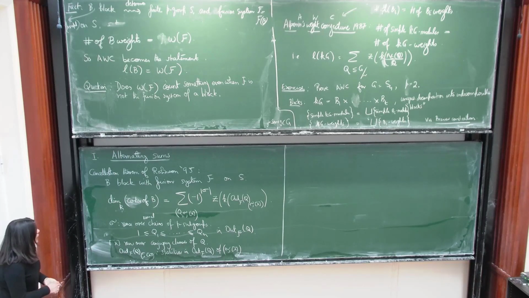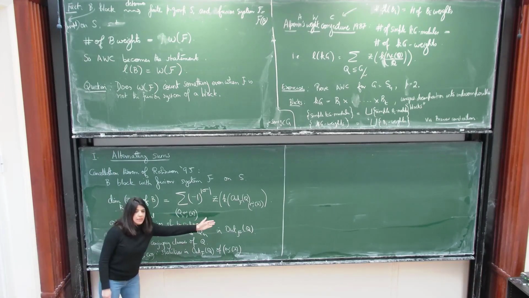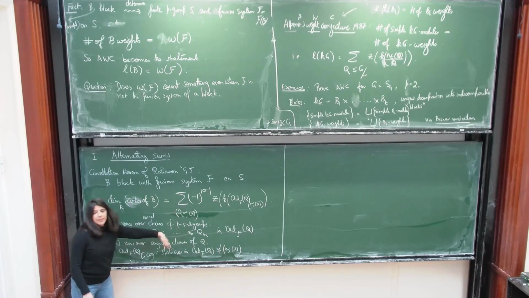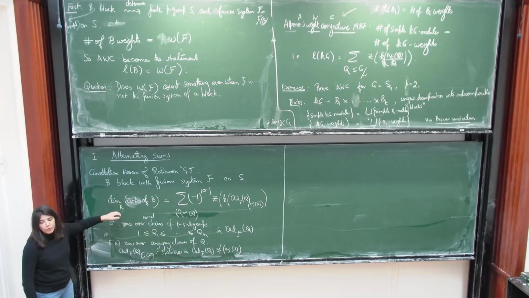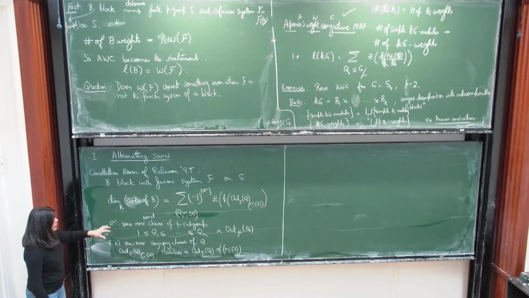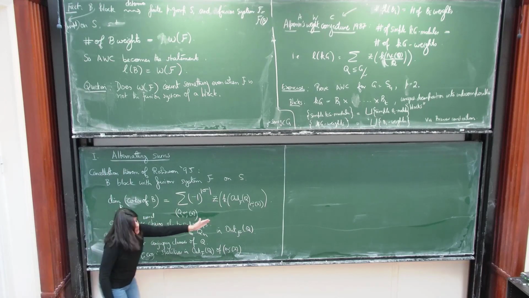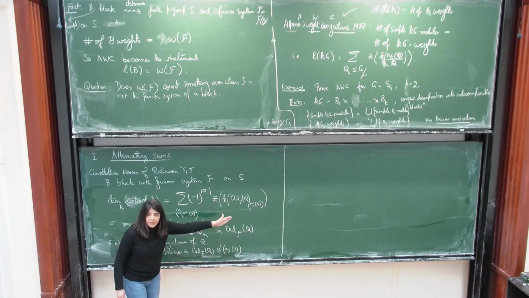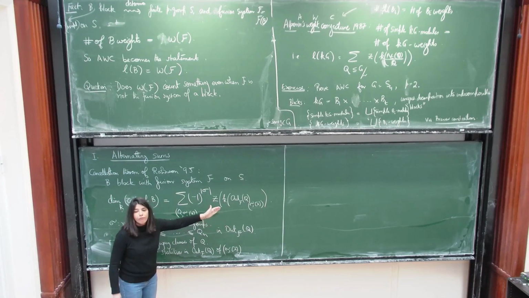Anyway, this is quite miraculous. It says that if you do all the yoga here, in the end everything will cancel, and what you'll be left with is the dimension of the center of B. But if you look at the right hand side, it's not obvious at all that you're going to get a non-negative number.